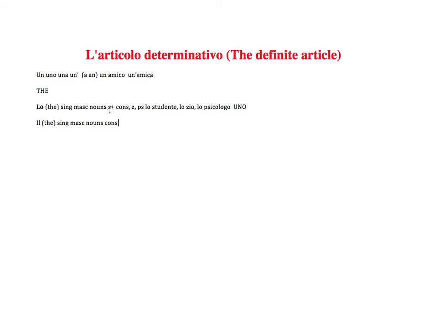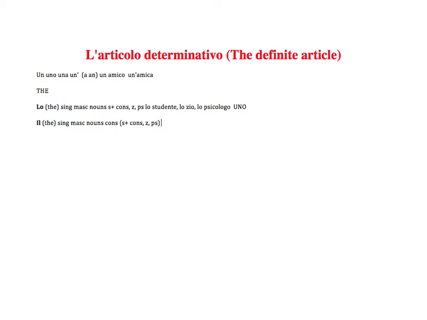So with the exception of S plus consonant, Z and PS. So you know that in the case of S plus consonant, Z and PS, you must use lo. So with all the other consonants, you use il.